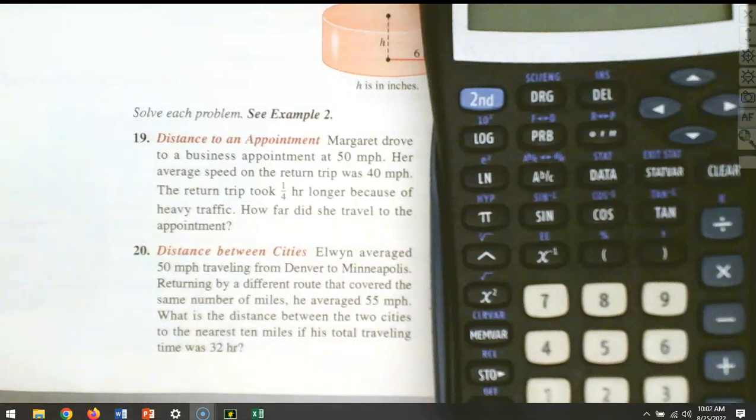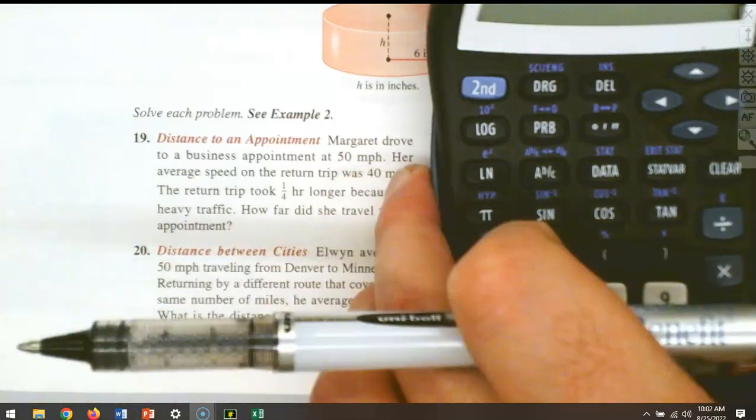So question 19. Margaret drove to a business appointment at 50 miles per hour. Her average return trip was 40 miles per hour. The return trip took a quarter of an hour longer because of heavy traffic. And we want to find out how far she traveled to this appointment.